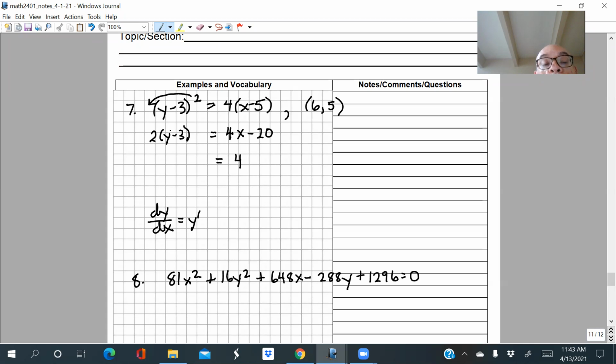But remember, you're raising an expression to a power, and so the chain rule comes into play here, because you have the expression y minus 3 that you're raising to this power. So you have to multiply in the derivative of y minus 3 on the left-hand side.